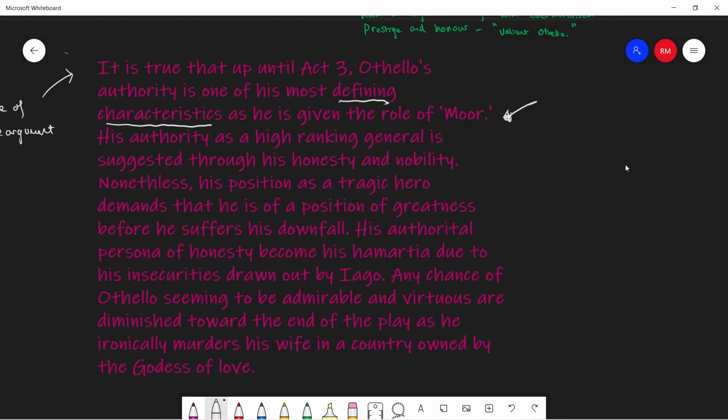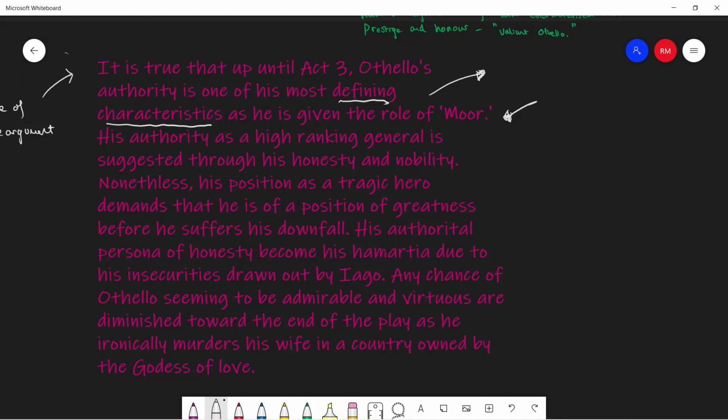This is probably not as good as saying, maybe you could say, it is true that up until Act 3, Othello's authority makes him admirable because of his high-ranking army role, and then he's given the role of Moor.